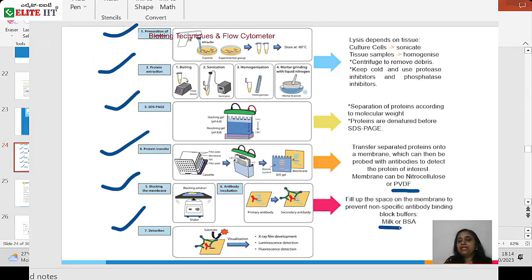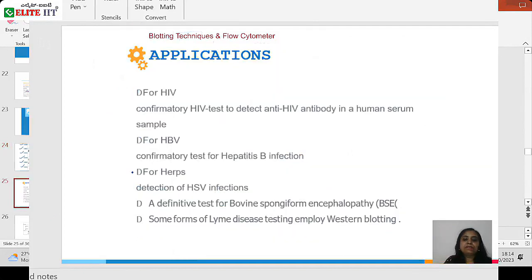Here milk or BSA is used as the blocking agent. So this is also new here. Application everywhere: if you want to identify any antigen, viral, bacterial, you can use this. This application is almost exactly like the ELISA application.